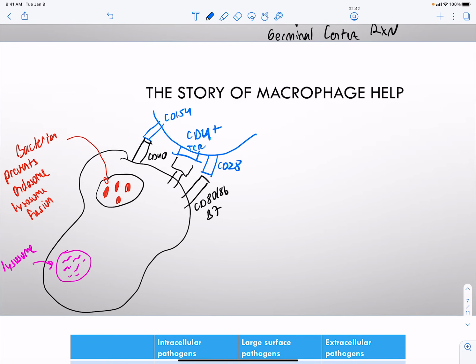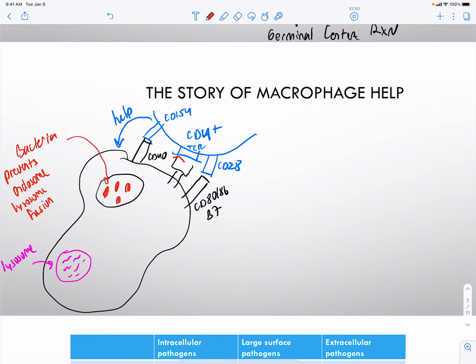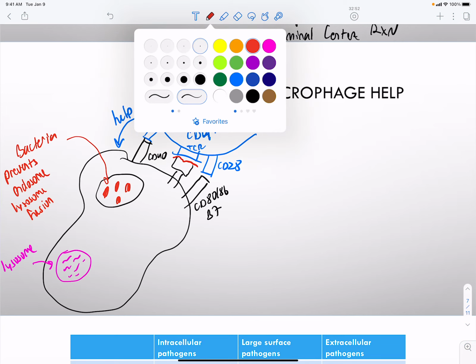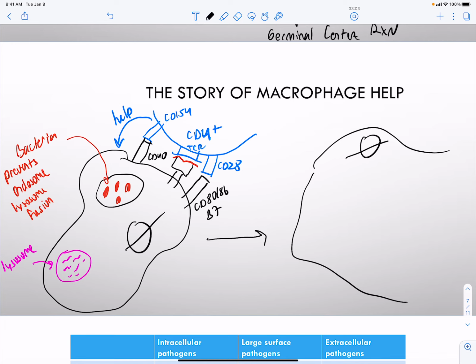this is going to give the help to the macrophage, and it basically tells the macrophage, hey, you're infected. So here's the peptide from that red bacteria, and so basically after it gets this help, the macrophage, here's our macrophage, and it'll cause fusion.